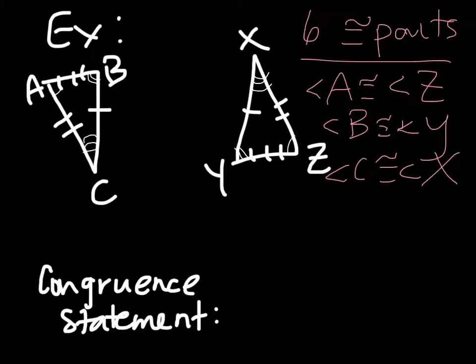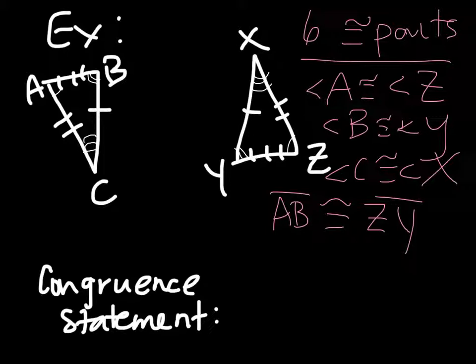And then there's sides. So I say that side AB, and again, sides are marked for congruence by the little marks on them, is congruent to side. Now this is where it gets a little bit tricky. It's congruent to side YZ or ZY. But if I put the A first, I want to put the angle that goes with the A. So ZY is how I want to state that.